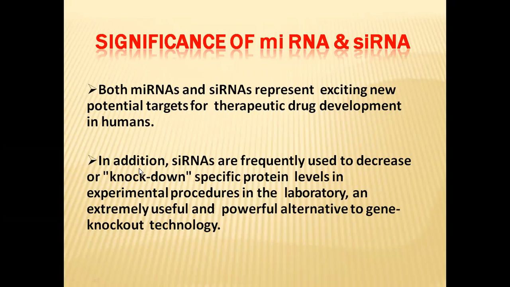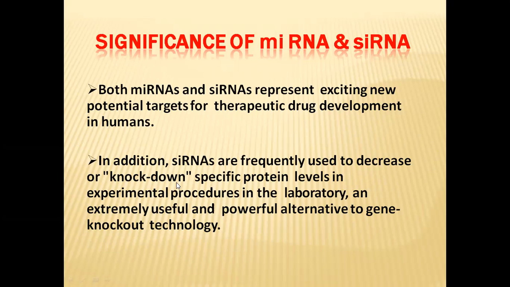In knockdown animals, one gene will be deleted from the genome. Scientists usually produce knockdown animals to study the effect of a gene. They want to study the effect if that gene is not present: in the absence of a particular gene, what will happen? To study that, they will produce knockout animals.